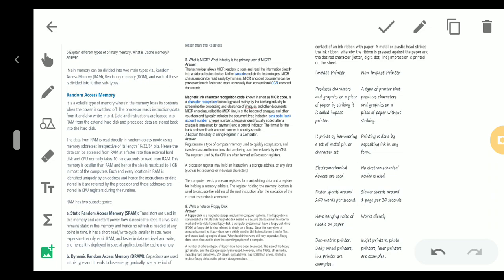Now we will talk about the next question, question number 6: what is MICR? MICR is a technology I have explained. First of all you have to explain the full form and what the technology is used for.